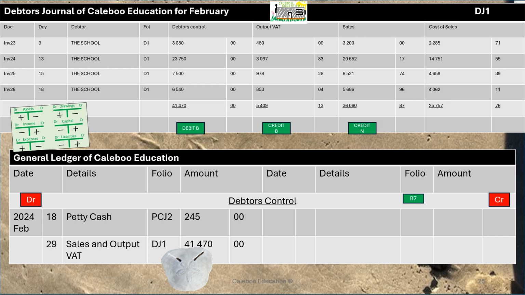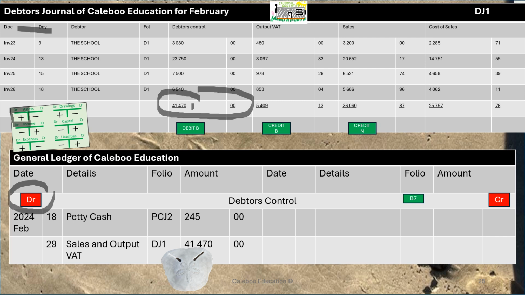Now we need to go to the journals, the debtors journal, and we see at the end of February we have made credit sales to the amount of 41,470, which means debtors owe us more.